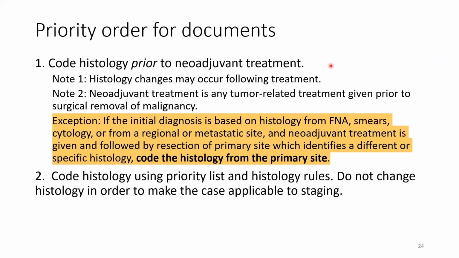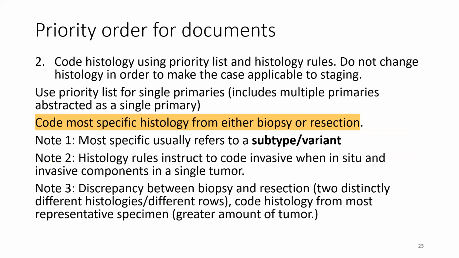If your initial diagnosis came from an FNA cytology smear and it was from a regional or metastatic site, then the patient has neoadjuvant treatment and primary site resection. If you have histology from that primary site, they are letting you use that now after neoadjuvant. That is the exception. Code the histology using the priority list and histology rules, and do not change the histology in order to make the case applicable for staging.